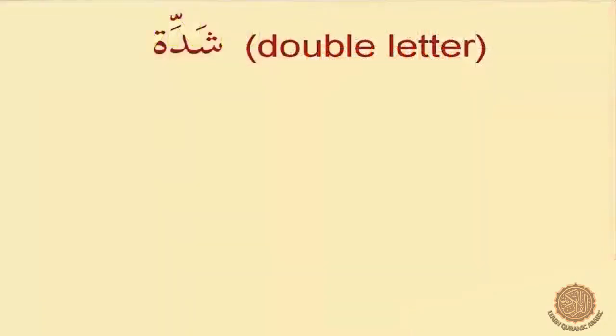Bismillah. So this lesson we're going to speak about the double letter, when we have two letters that are the same joined together. Now this joining is called shadda, and it means to join with strength. So if we take the word shadda, what Arabs use for the sign of shadda is the following.